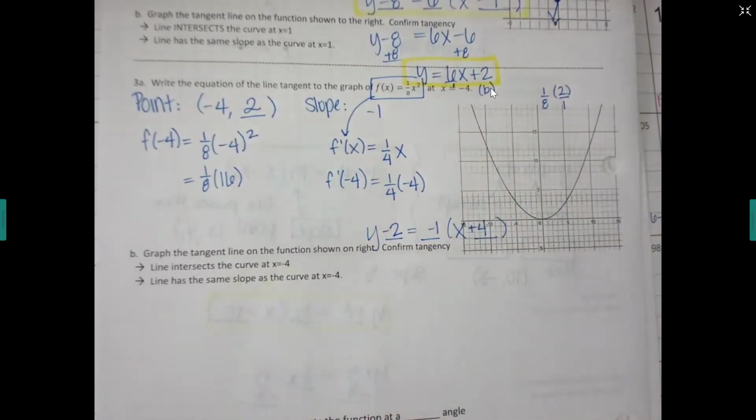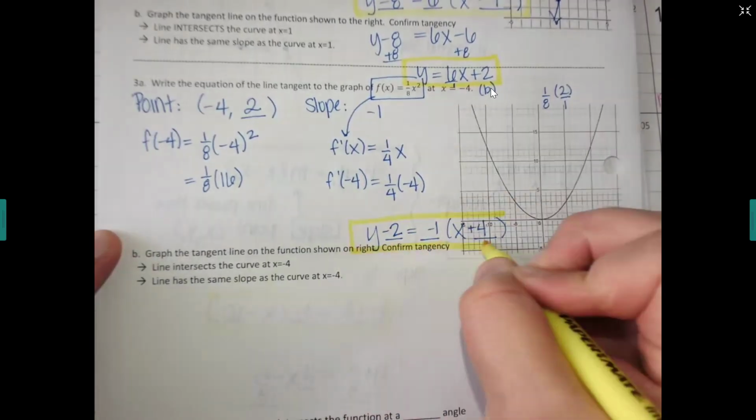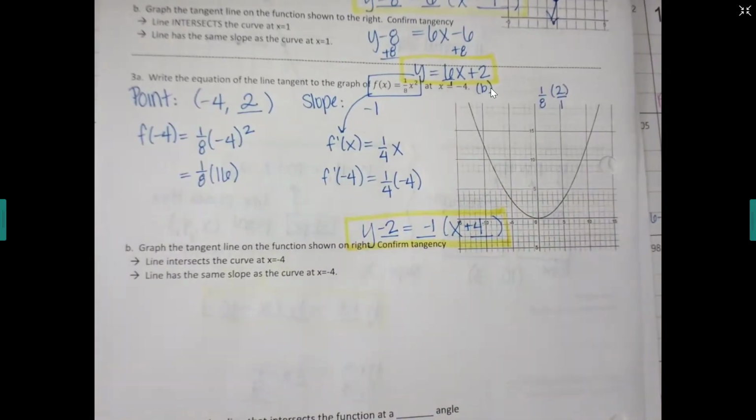And then for your homework today, that answer is perfect. You can type it in exactly like that in Points. However, just to check the tangency, which is what your notes are asking you to do, we're going to turn this into y equals mx plus b so that we can actually graph it and see that it touches the graph exactly at that spot.